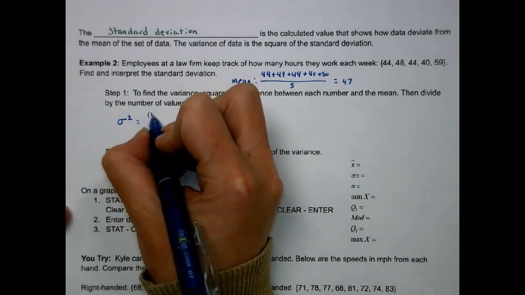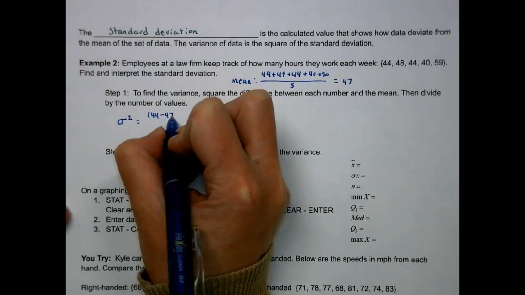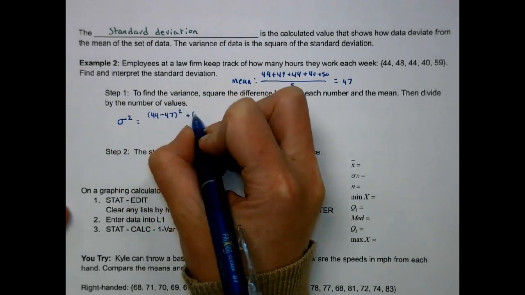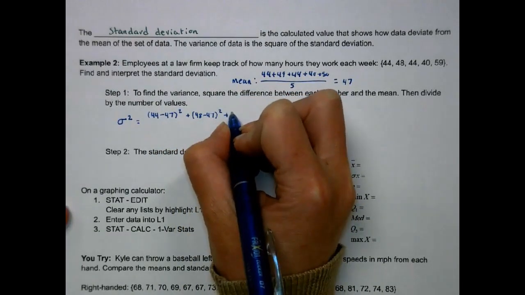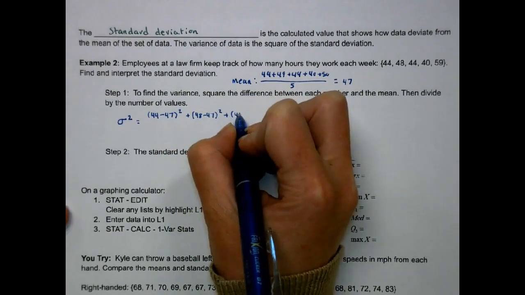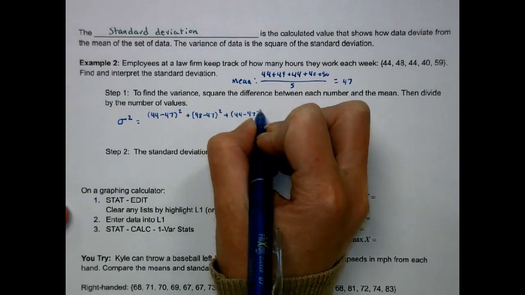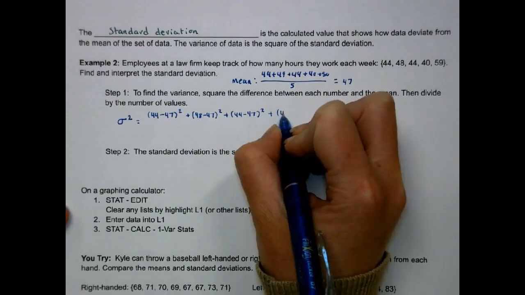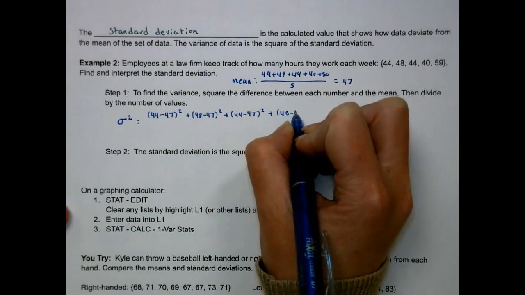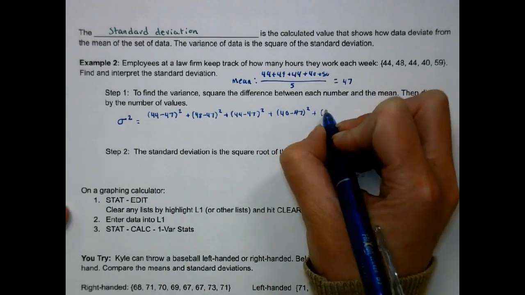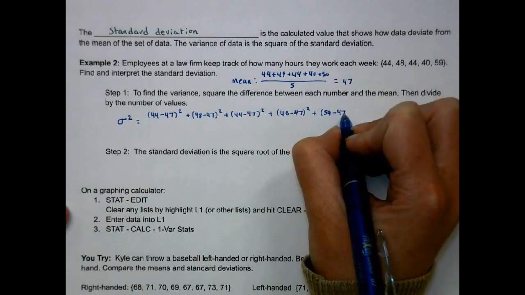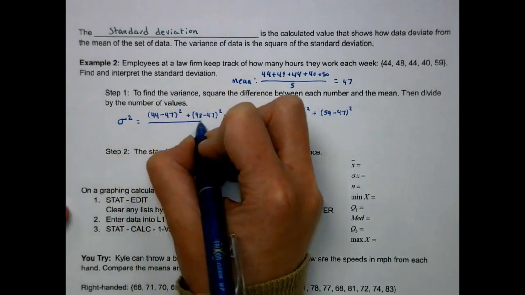So 44 minus 47 squared, 48 minus 47 squared, 44 minus 47 squared, 40 minus 47 squared, and 59 minus 47 squared, all over the number of terms.